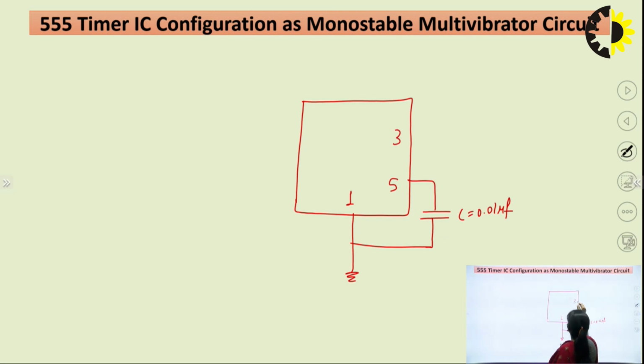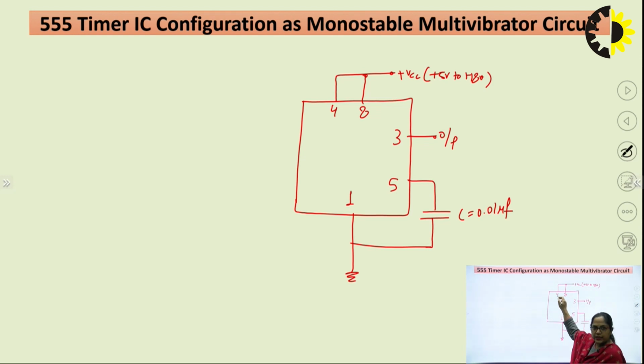From pin number 3, we take the output. At pin number 8, we connect the power supply VCC in the range plus 5 volt to plus 18 volt. Pin number 4 is the reset pin. When it is not in use, we will short this pin with the power supply pin. At pin number 2, we apply the triggering pulse.